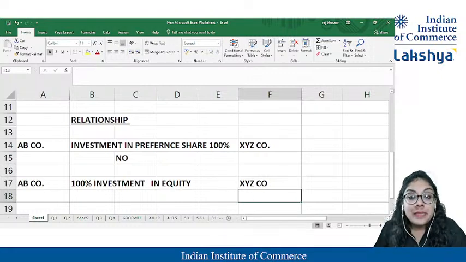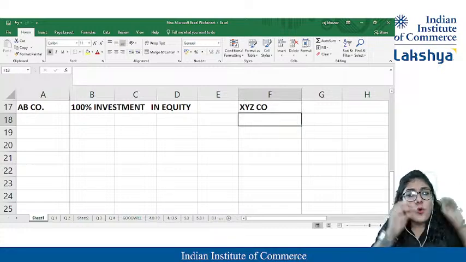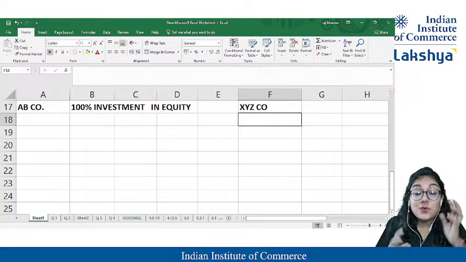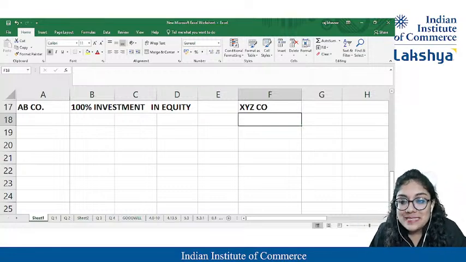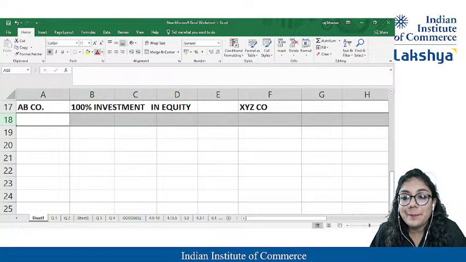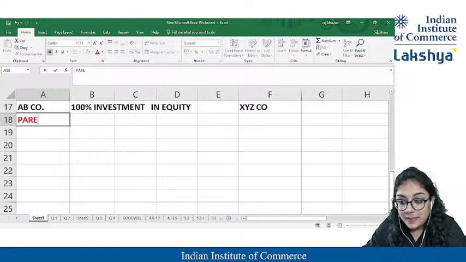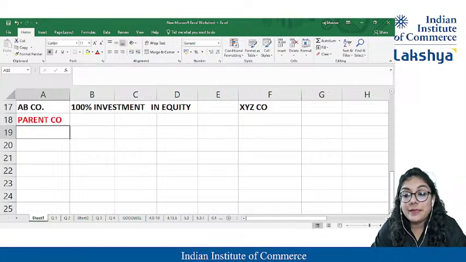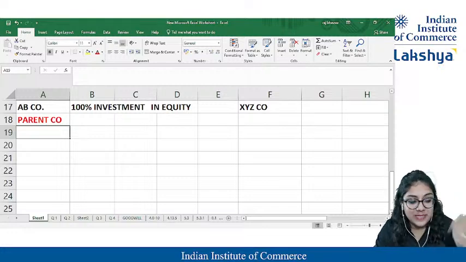That means in XYZ company, if there are 1000 shares, all 1000 shares have been taken by me. So I will be the owner of that company. So basically, I'll be known as a parent company, or I can say holding company, which has a stake in XYZ company.